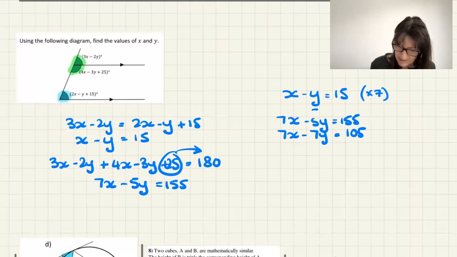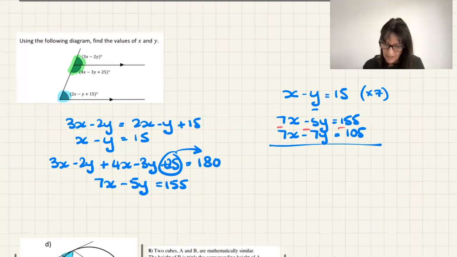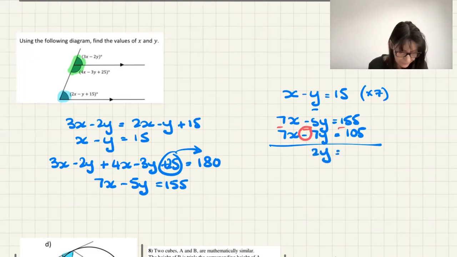So I've got to do my takeaway, take away the x's, take away the y's, take away the numbers. 7x takes 7x, they've gone. Now I'm at minus 5y and I've got to minus 7y. I've got that double minus, which means I'm going to be adding. That's going to give me 2y.